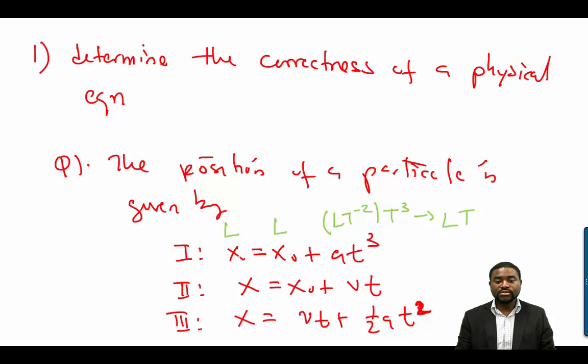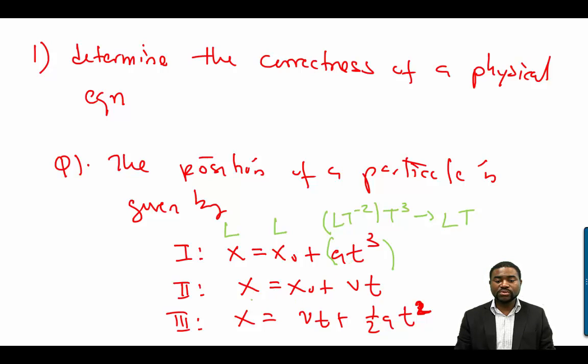If you look at the equation, x naught and at cubed are additive terms. If the dimensions of these terms are the same, then that equation is dimensionally correct. But the dimension of x is L, the dimension of x naught is L, and the dimension of this expression is LT. Therefore, the first equation is not correct, because it is dimensionally inconsistent.